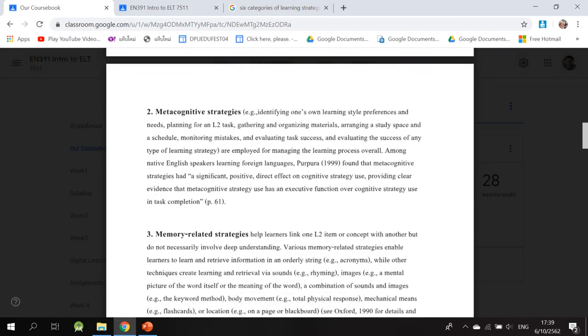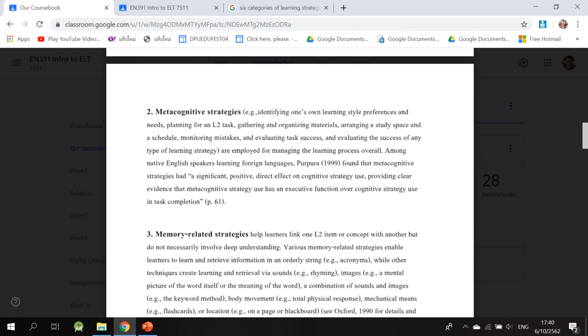Metacognitive strategies, planning, and looking at my learning style. Yes, I usually do that too. I would think about my learning method and especially the resources where I can gather the information for my own learning, even seeking help.